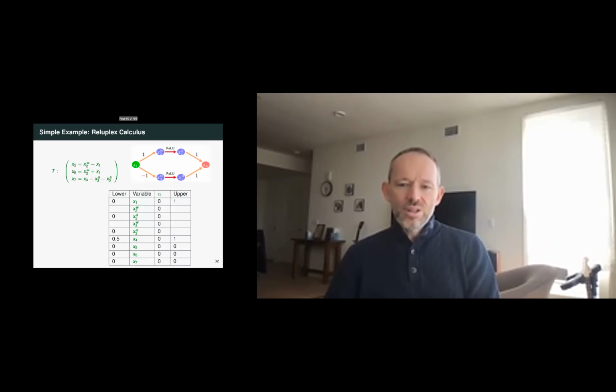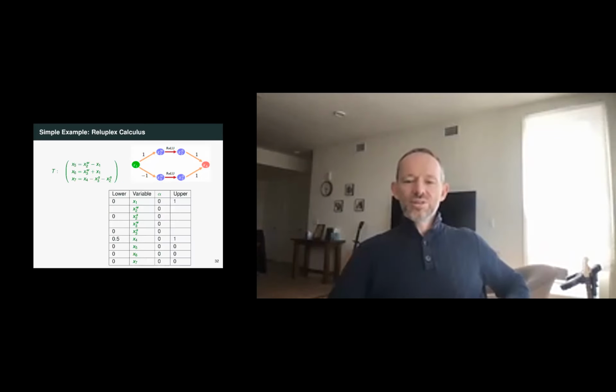Okay, so here's a little visualization of what this looks like. Our tableau is these 3 equations. And then we have these variables and these bounds, lower and upper, and the current assignment. So if you look at this, everything's good except that x4 is out of bounds, okay? So we have to update x4. So we're gonna add 0.5 to x4, so that's great.